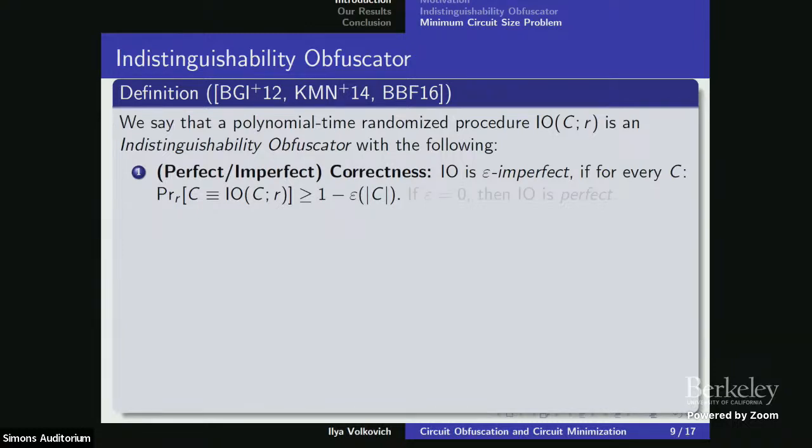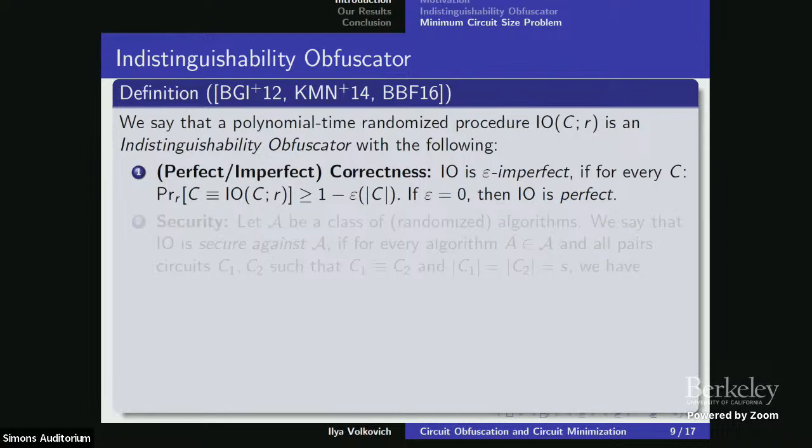This is what's called a perfect obfuscator, but you can also look at what's called an imperfect obfuscator. What does it mean? It means that you're going to get what you want with high probability. So with probability 1 minus epsilon, the obfuscated circuit has the same functionality, but with probability epsilon, you can get all kinds of garbage inside. For example, if epsilon is 0, it's a perfect iO.